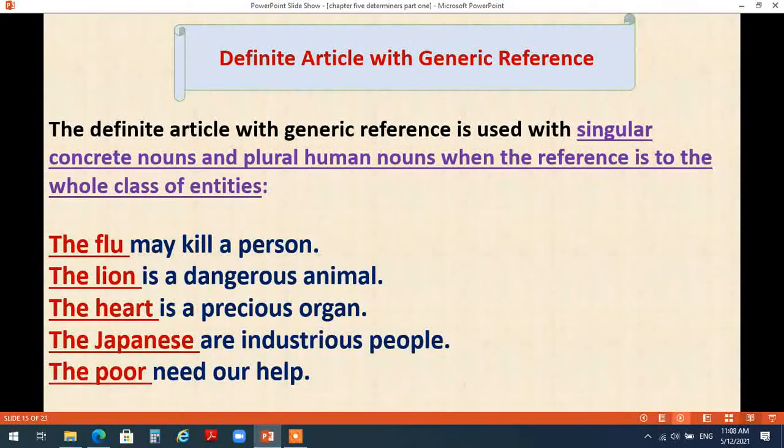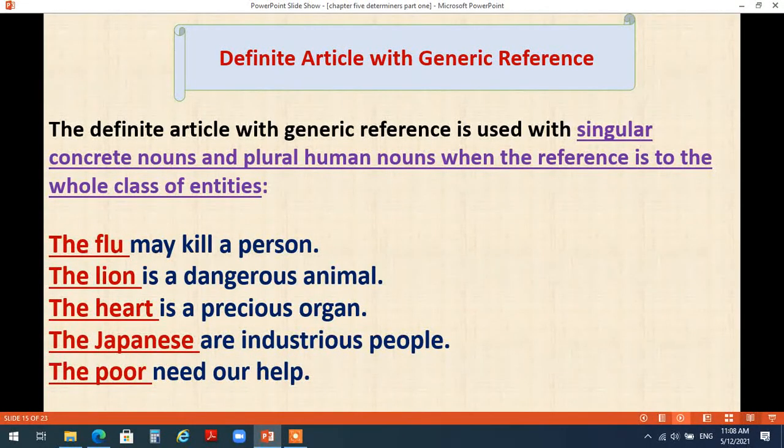For example, the flu may kill a person. Here the flu is a generic reference, meaning the flu in general. The lion is a dangerous animal. Here we have used a concrete singular noun to represent the whole class of lions. The heart is a precious organ.